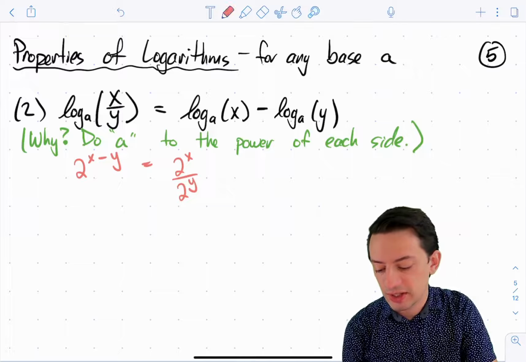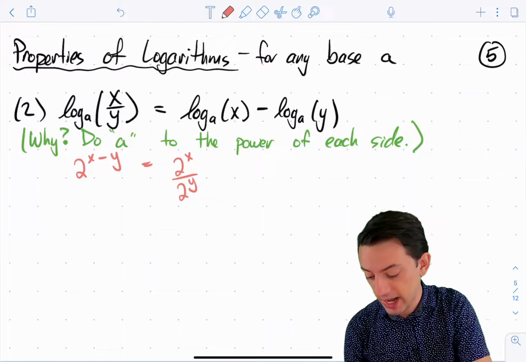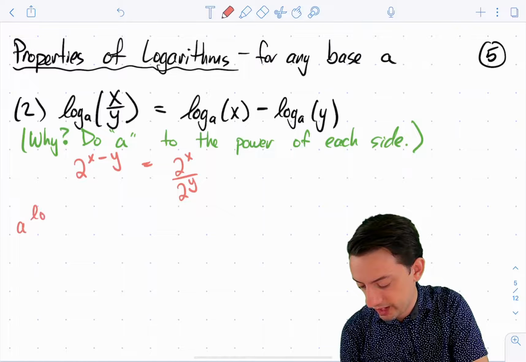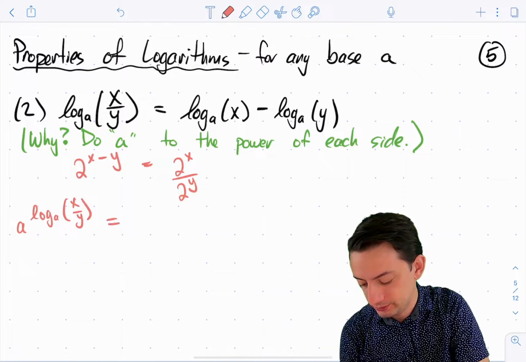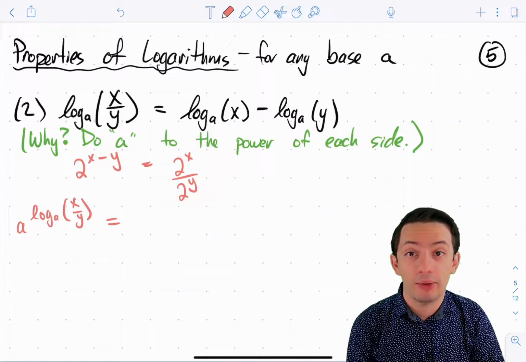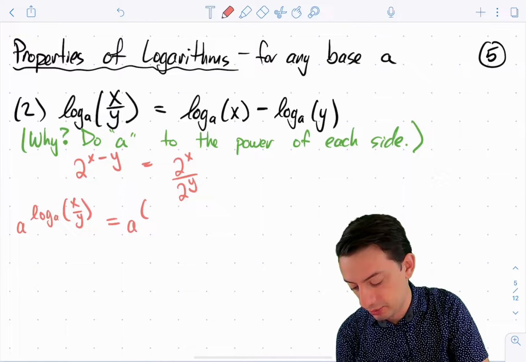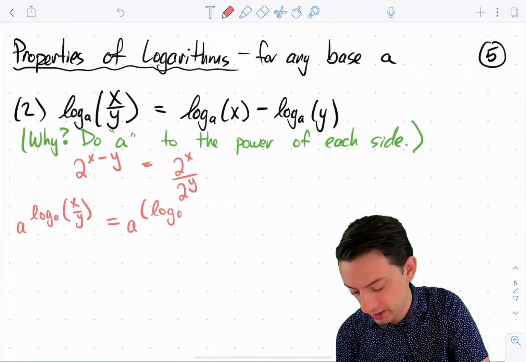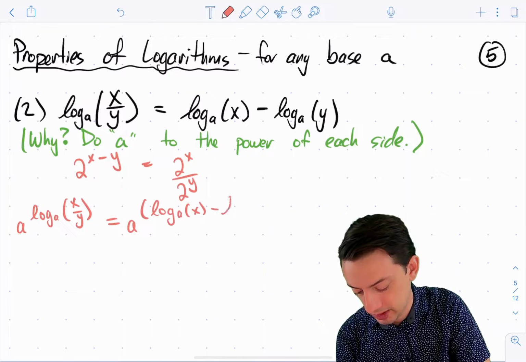We can justify this in the same way as before. So let's take a to the power of the left. I'll try not to make a typo this time. And a to the power of the right. So once again, we need parentheses to put this whole thing in the top.